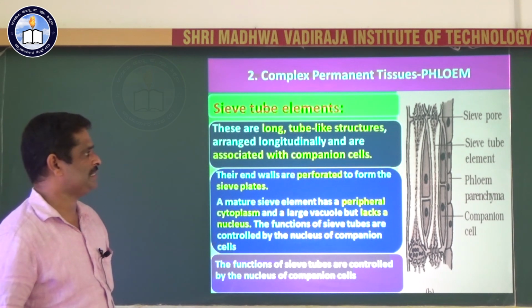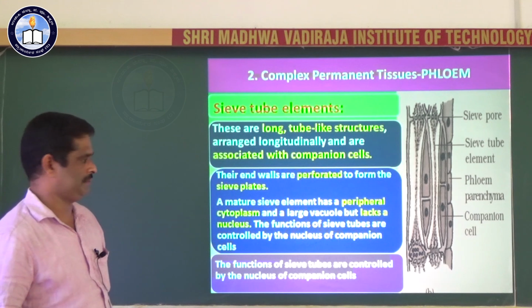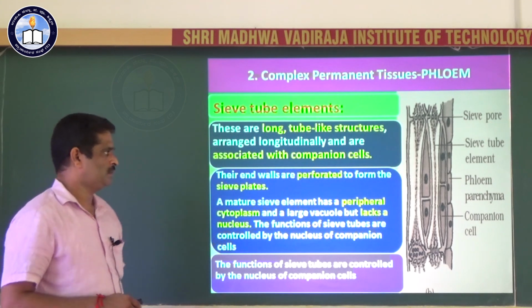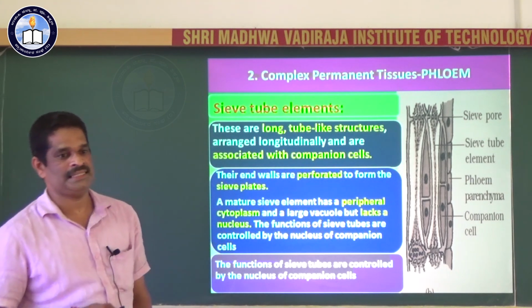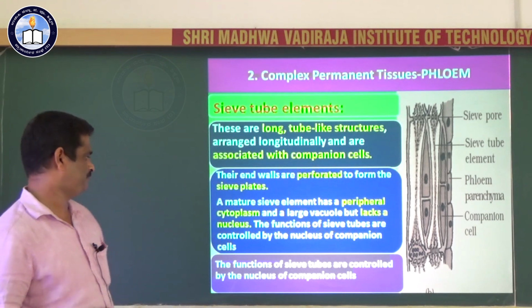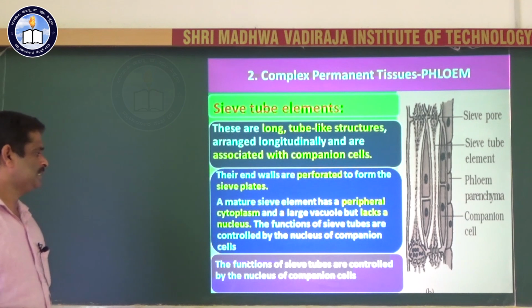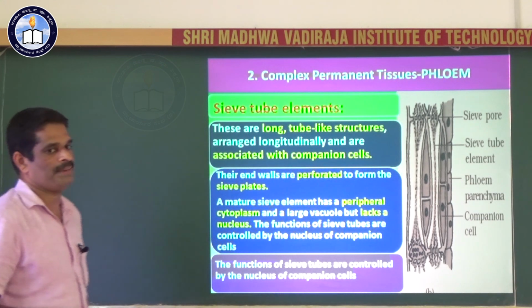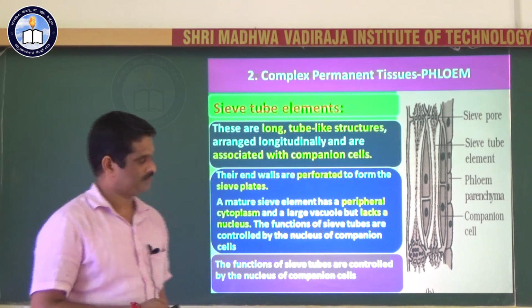If the companion cells die, the sieve tube also dies. So, what is a sieve tube? In a simple sentence, it is an enucleated living plant cell whose functions are controlled by the nucleus of companion cells.